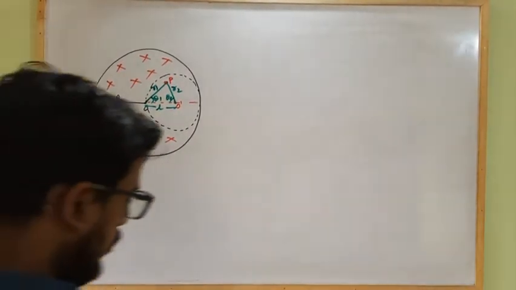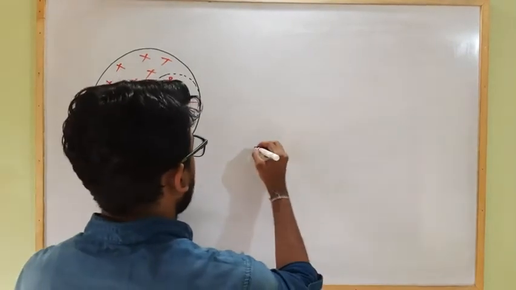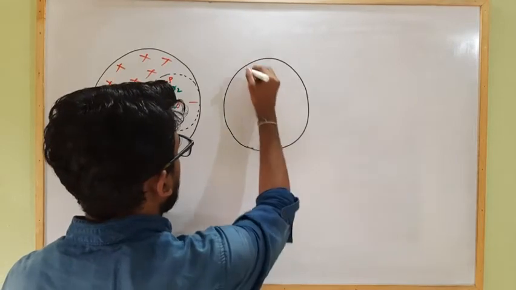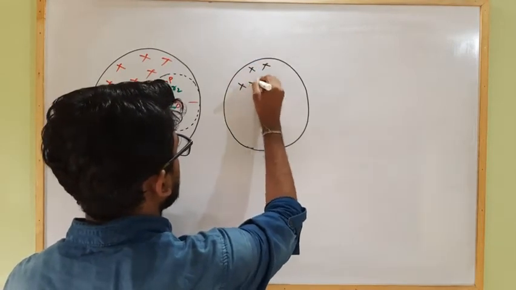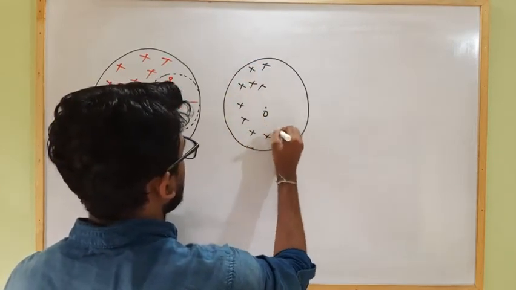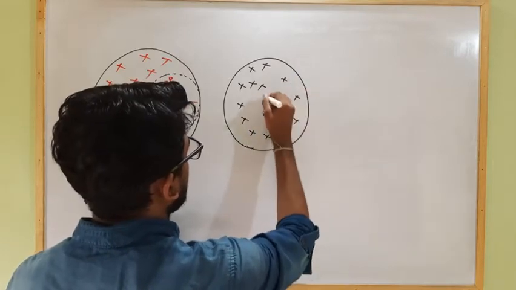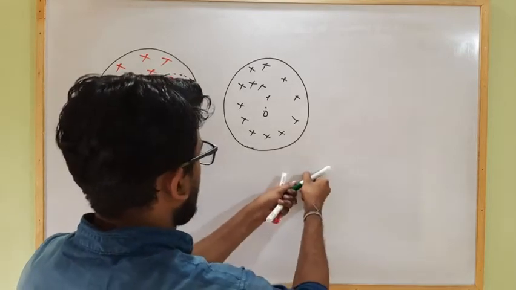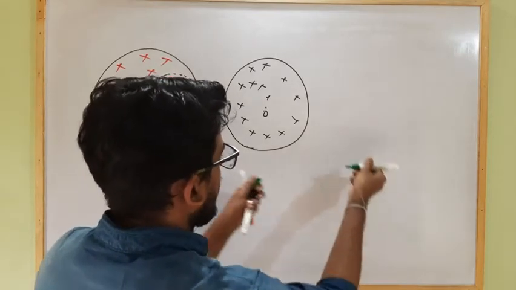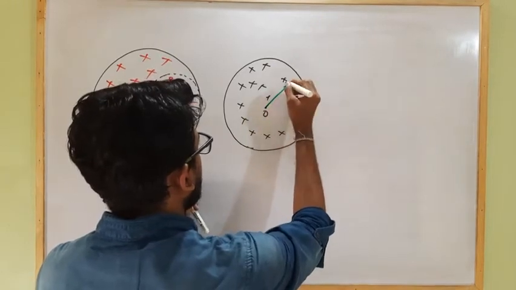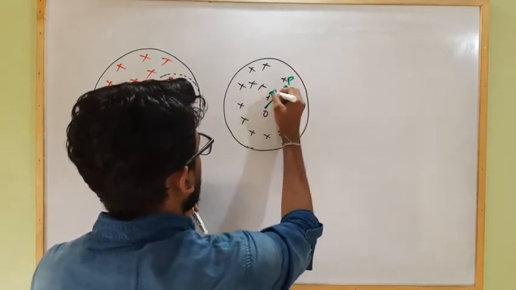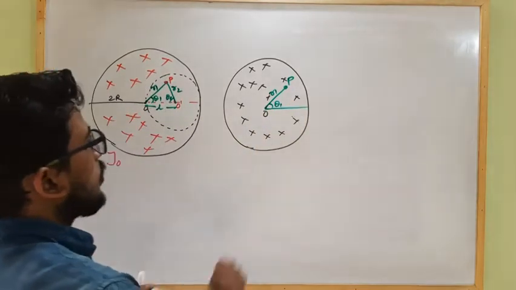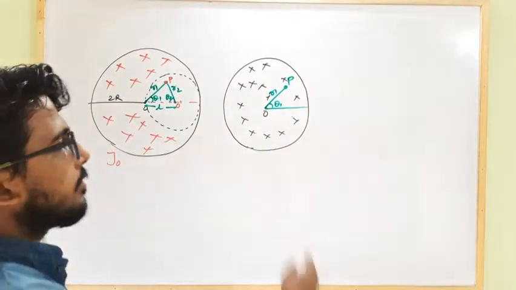So now let us draw the two current carrying conductors separately. This is the larger current carrying conductor O, carrying current like this, and the point P is within the current carrying conductor. This is R1, this angle is theta 1. So what is the value of the magnetic field strength at this point P?